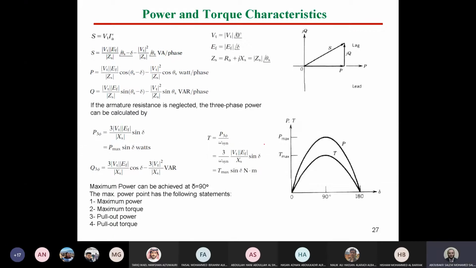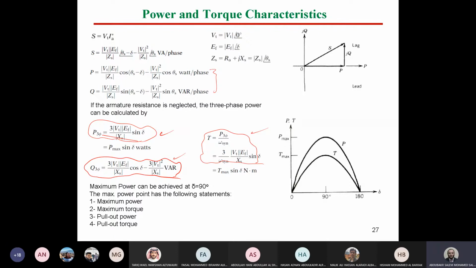We have the power relation, the torque relation, and the reactive power relation. No need to derive the equations; we just need the final forms. These are the relations we are going to use all the time, and we are not going to use the relations where R exists, because in most synchronous machines we neglect the armature resistance.